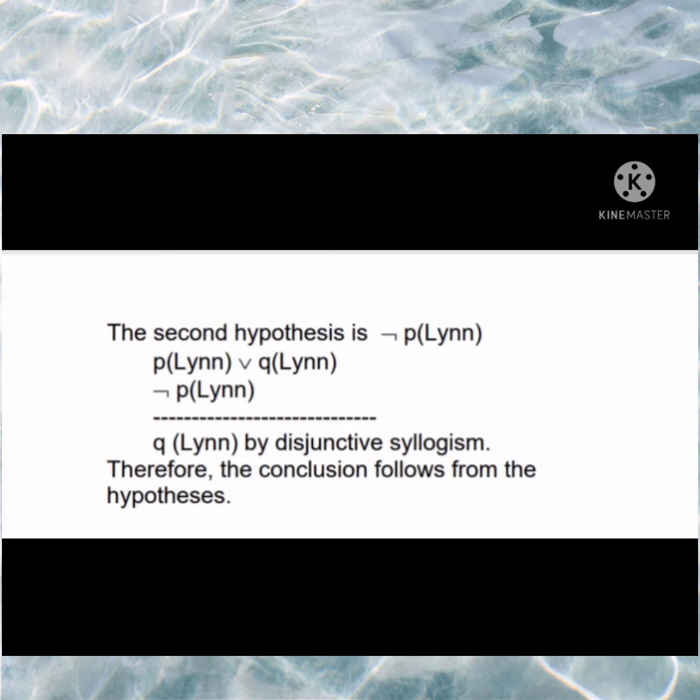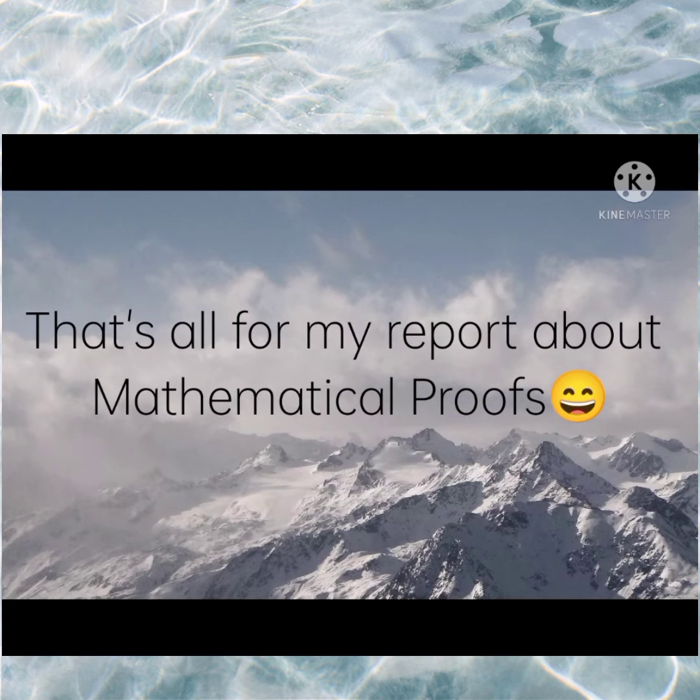The second hypothesis is not P(Len). Therefore, Q(Len) by disjunctive syllogism. Therefore the conclusion follows from the hypotheses. That's all for my part about mathematical proofs.